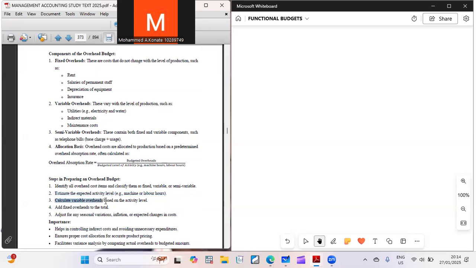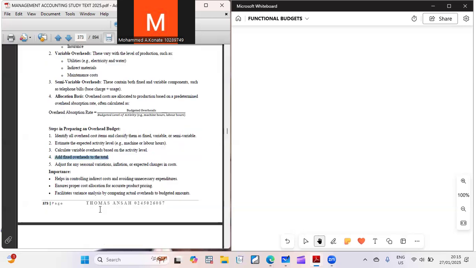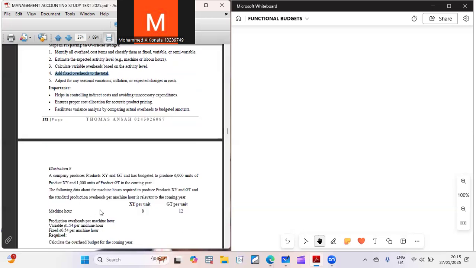Then you calculate the variable overheads based on the level of activity, and if possible, you also do the fixed overhead. It's a very straightforward activity. It looks a little systematic and cumbersome, but when we take a look at it, you see that it is very easy.